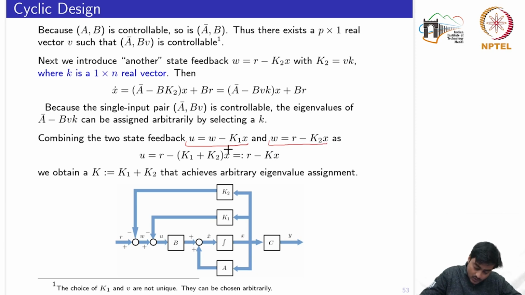Combining these, because we finally need to compute the signal U, it is given by R minus K1 plus K2 times x, and K1 plus K2 would give me the complete matrix K. Now with the help of this K matrix, we can achieve arbitrary eigenvalue assignment. Okay, so this is how we can carry out the design.